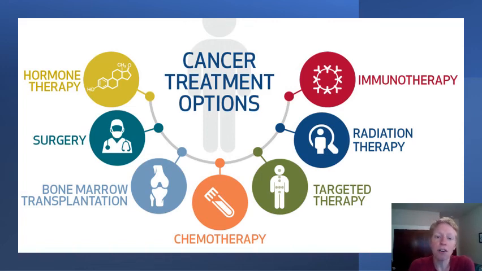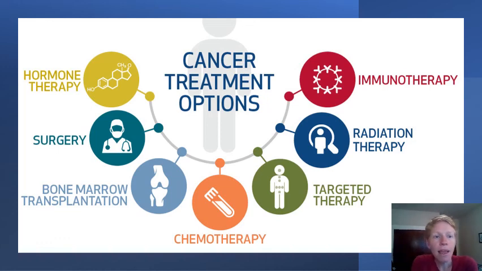So the person who has the cancer, their own bone marrow is wiped out. Then they get a transplant from somebody else that has a similar sort of genetic makeup as them to sort of seed new bone marrow cells, new stem cells that can then make new blood cells for them.